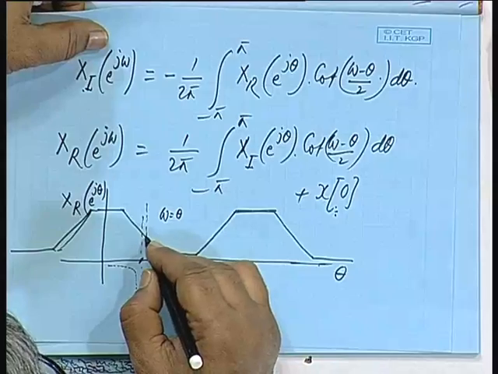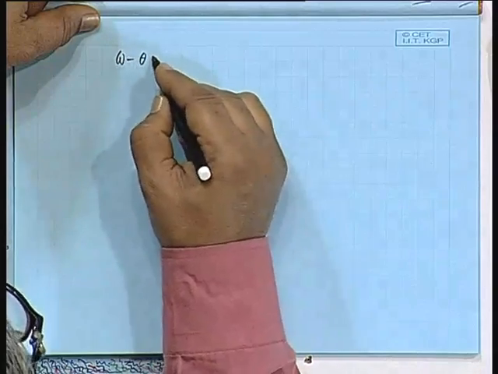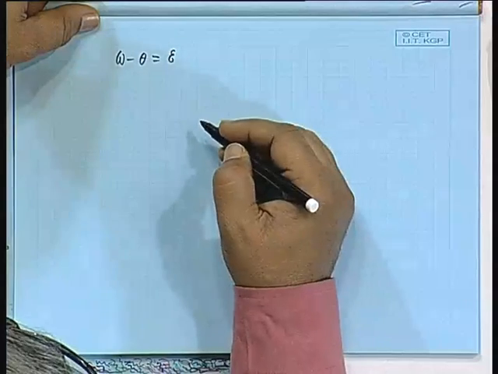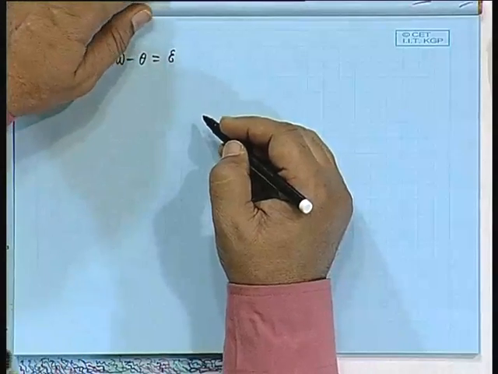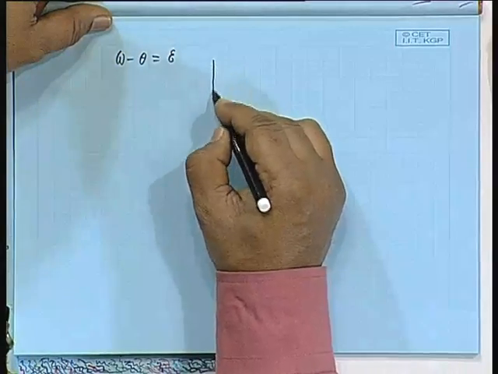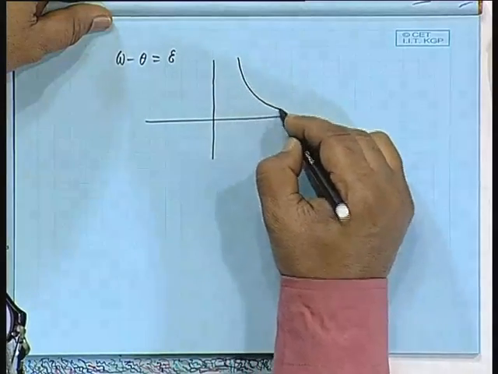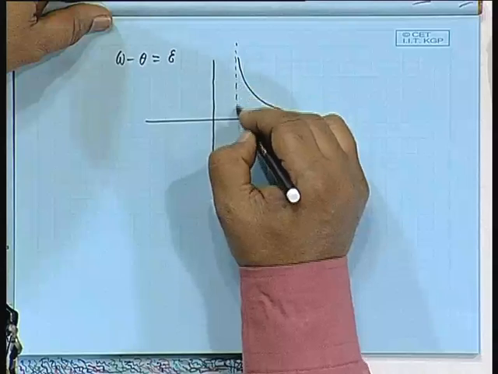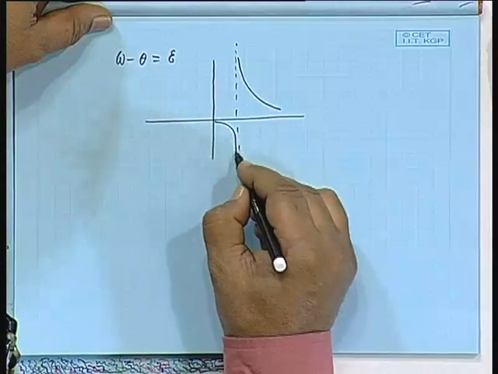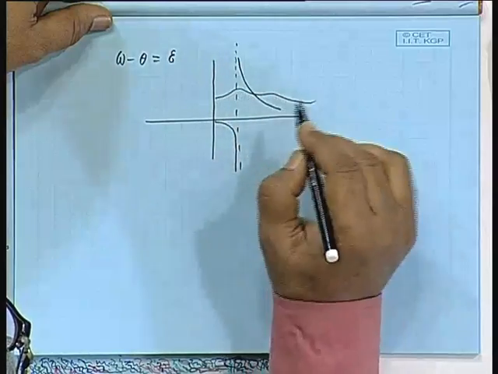If you assume this ω minus θ to be very, very small, let us take ω minus θ as a quantity epsilon. Okay. So, if you take a very small value of epsilon, then from the positive side and from the negative side, you see a function going to infinity, and another function like this.